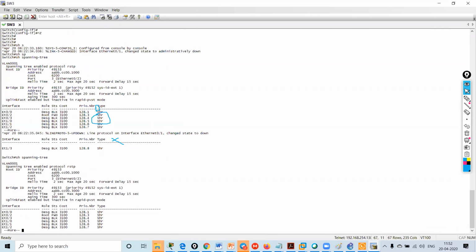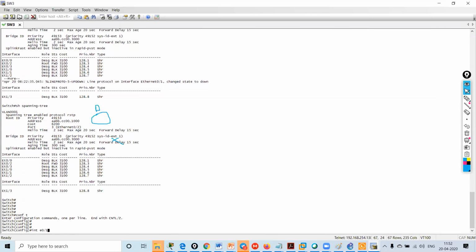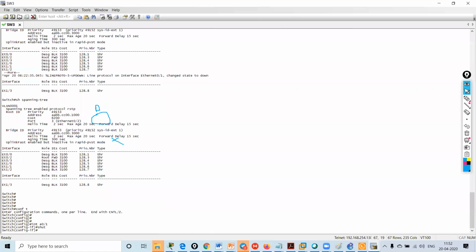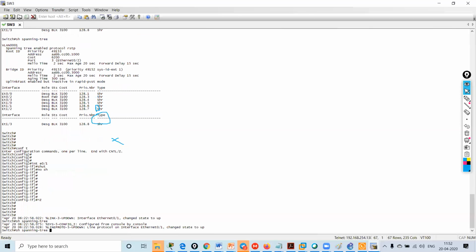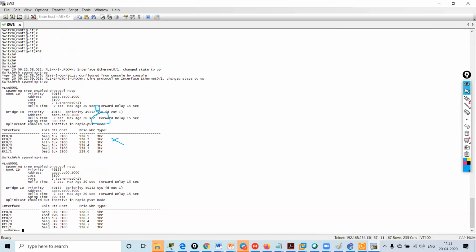Okay, I have not enabled backbone fast. I have to enable backbone fast first. So I will make this port up again: shut, no shut. Okay, this port came up again. Spanning tree: listening, learning.